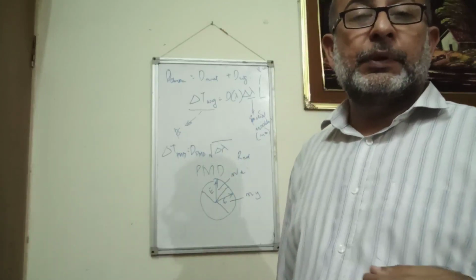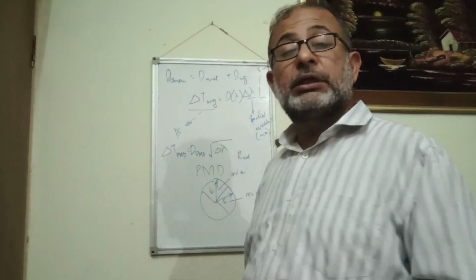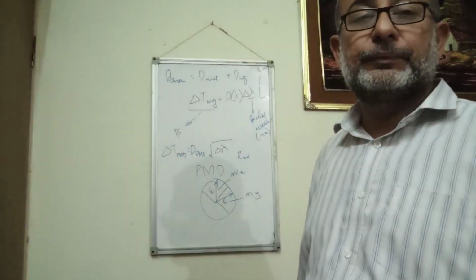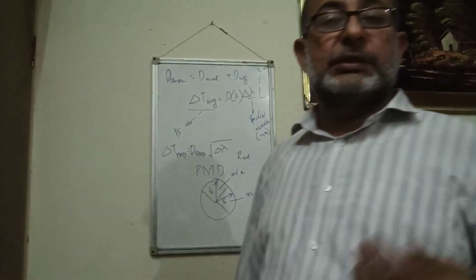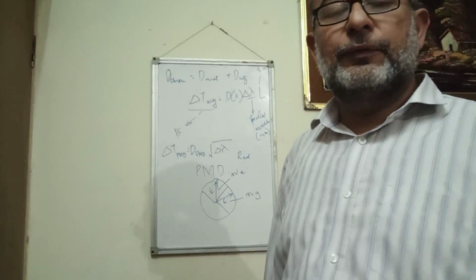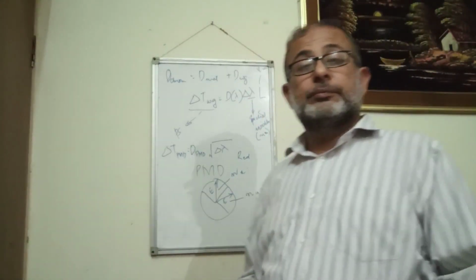It is proportional to the square root of the spectral width, while the other parameter is the parameter of polarization mode dispersion, which is D PMD.